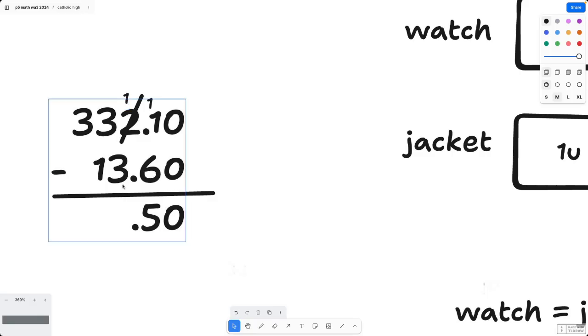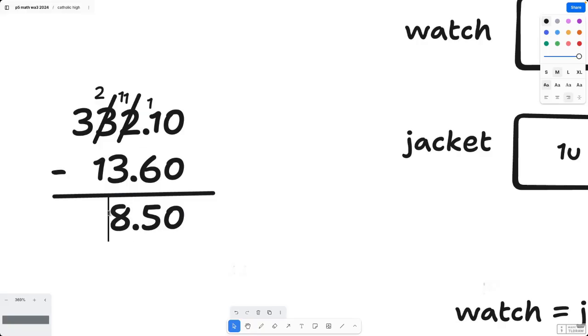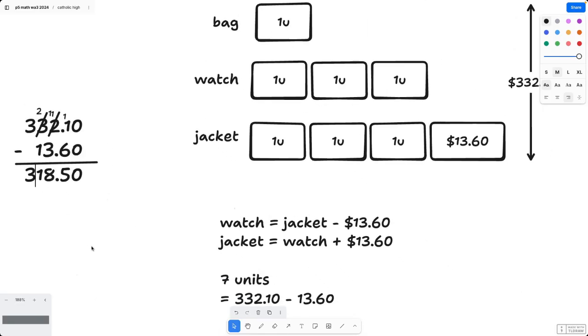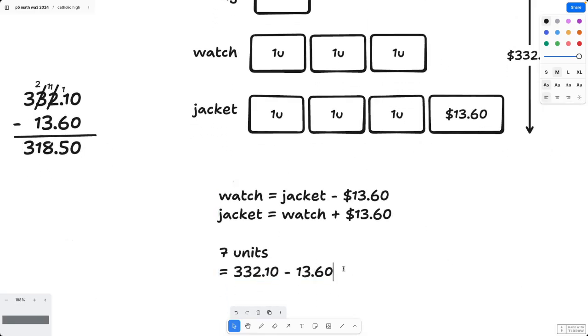So we cannot have 1 minus 3, so we need to cancel 3 as well. Then this will become 11. And then the 3 will become number 2. So 11 minus 3 will give us 8. And then 2 minus 1 will give us 1. And then 3 minus nothing is just 3. So the answer is $318.50.